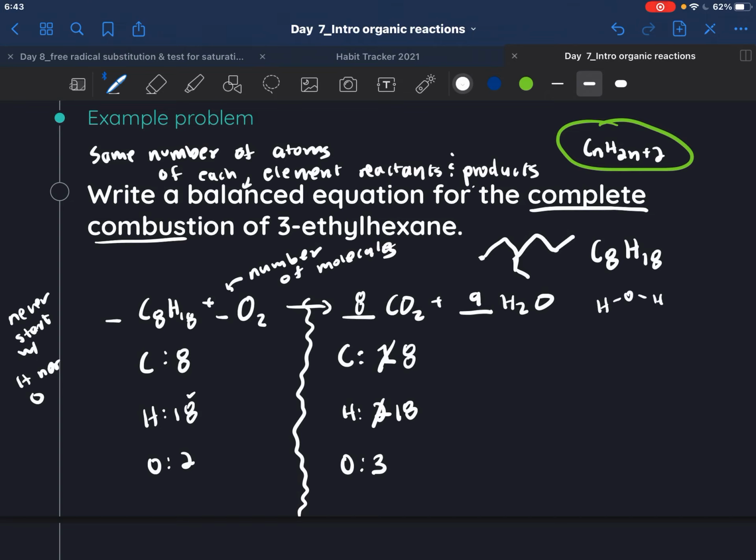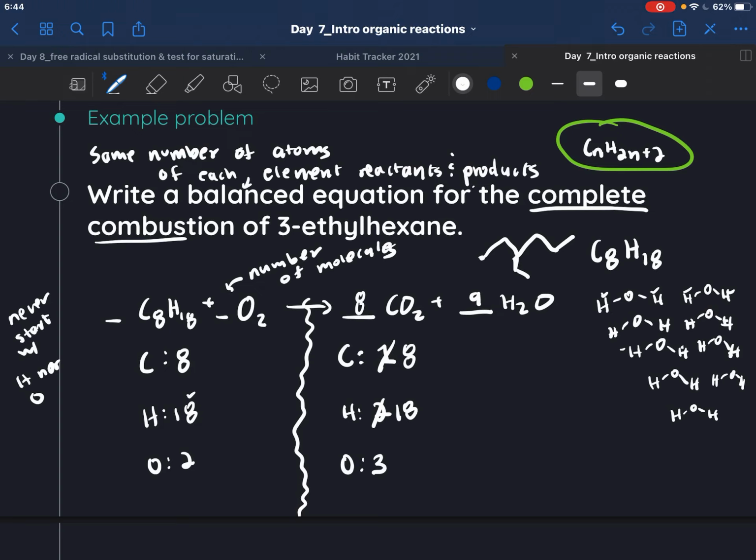If you're feeling unsure about that, we'll picture having 9 water molecules. 1, 2, 3, 4, 5, 6, 7, 8, and 9. So 9 water molecules, and then I see there's 18 hydrogen atoms. 1, 2, 3, 4, 5, 6, 7, 8, 9, 10, etc. We can count 18 hydrogen atoms there.